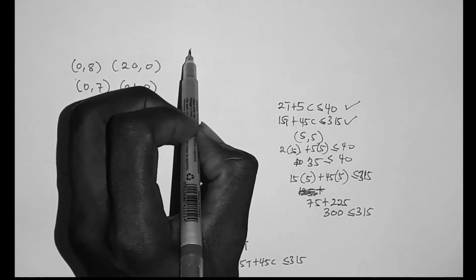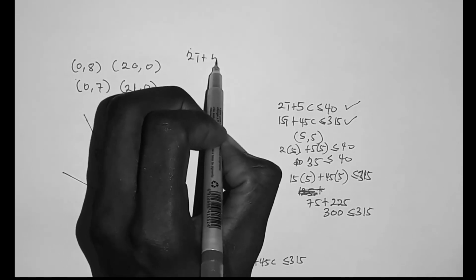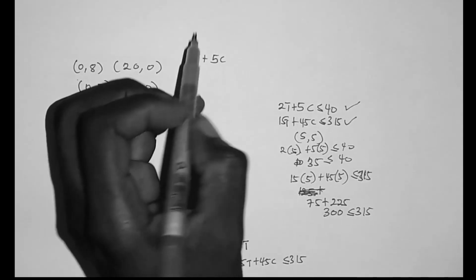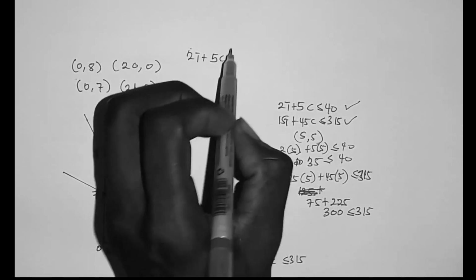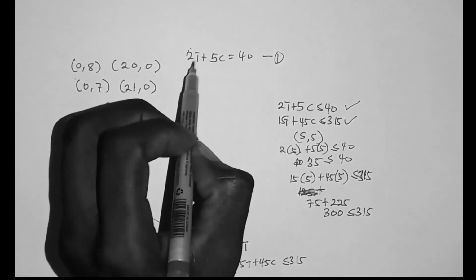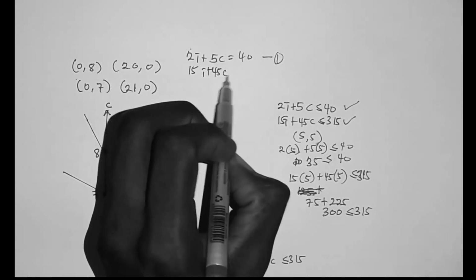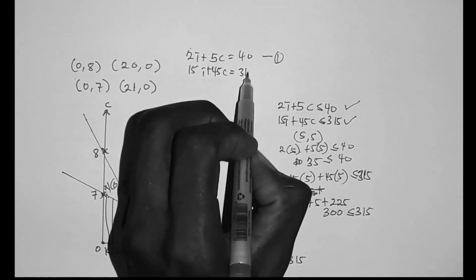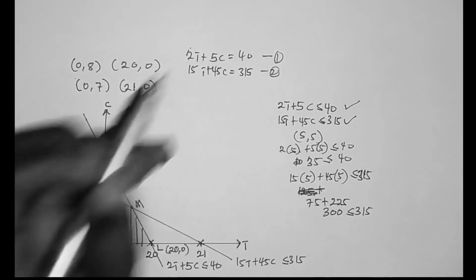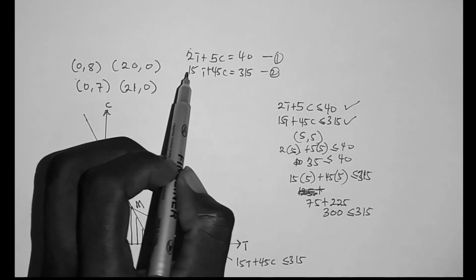The equations are 2T plus 5C is equal to 40. So this is equation 1. And we have 15T plus 45C equals 315. Equation 2.